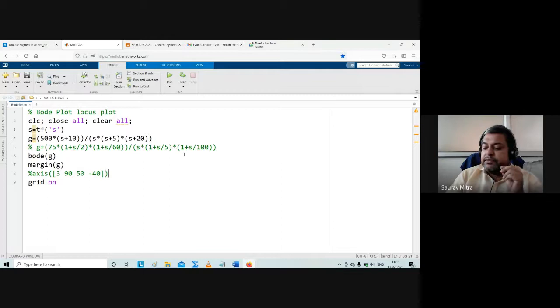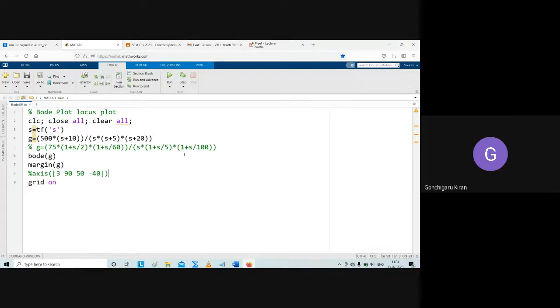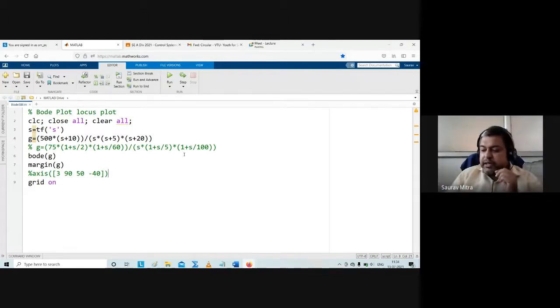So 20 log 50, how much is that? It is coming to be around 34 dB. Are you getting it? Please confirm. Yes, 33.97, it is 34 dB.